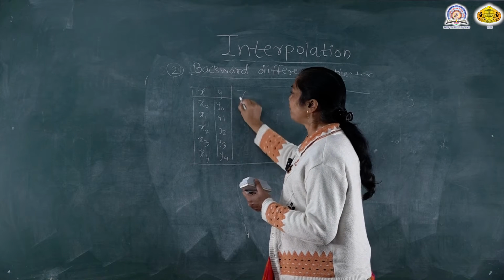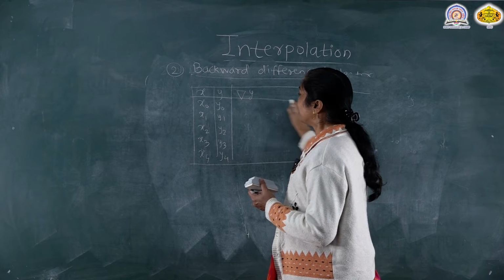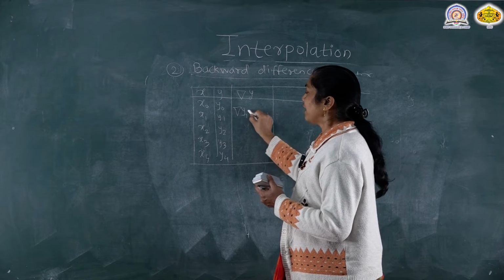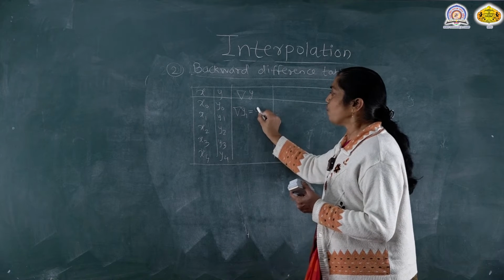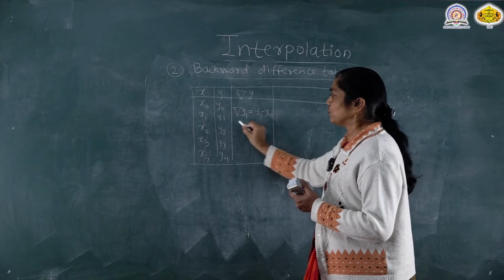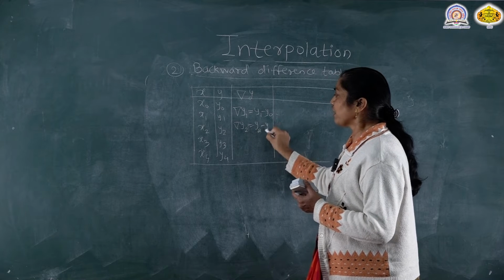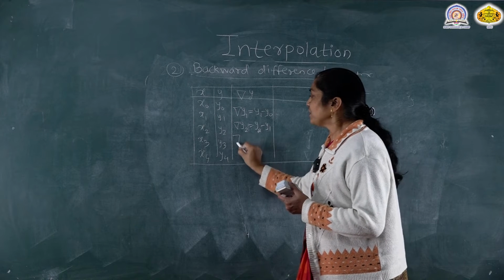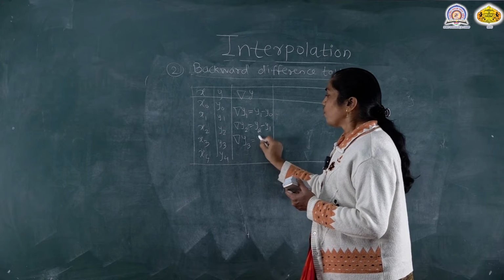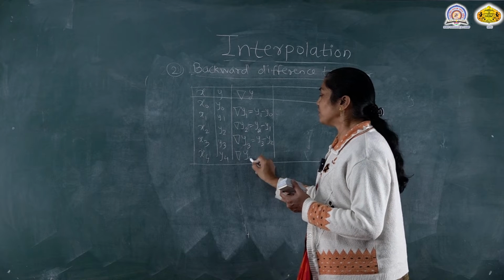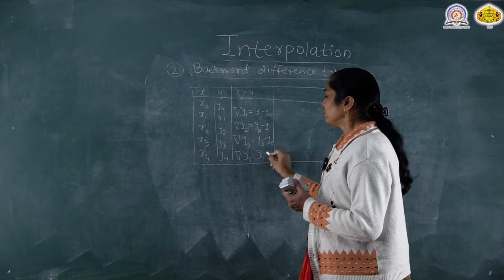Then we get the first backward difference, that is del y. It is nothing but del y1, and del y1 comes to be y1 minus y0. Del y2 comes to be y2 minus y1. Del y3 comes to be y3 minus y2, and del y4 is equal to y4 minus y3.